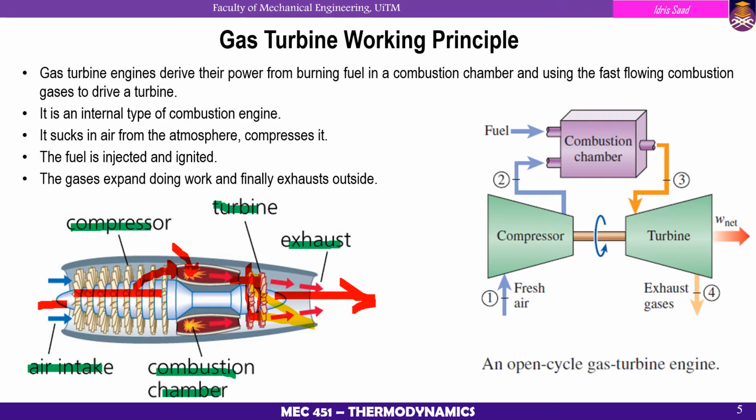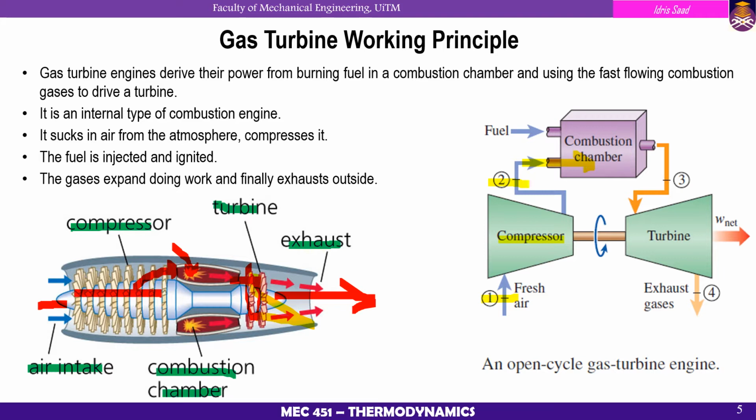Based on this diagram, we can draw the schematic diagram like the figure on the right-hand side. First, the air is drawn from the surrounding into the compressor, and the compressor compresses the air. The air that has been compressed, which has high pressure and temperature, is transferred into the combustion chamber.